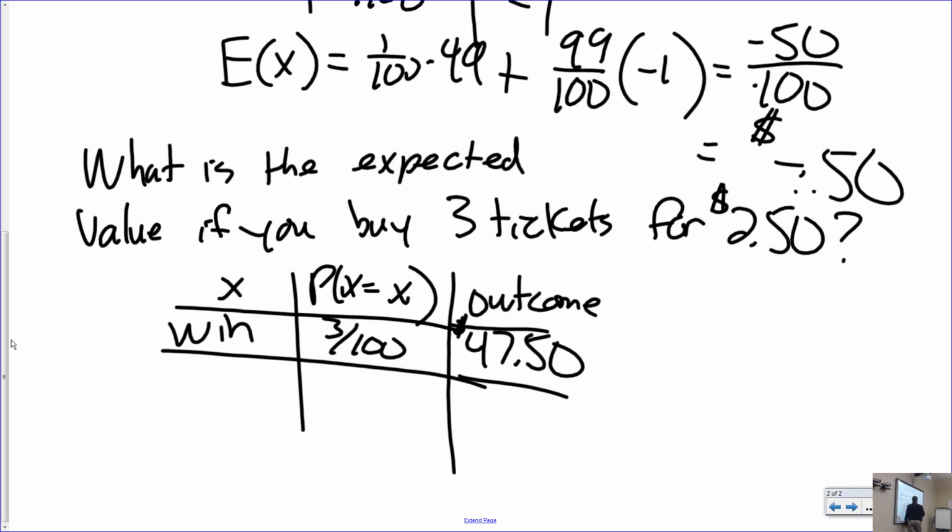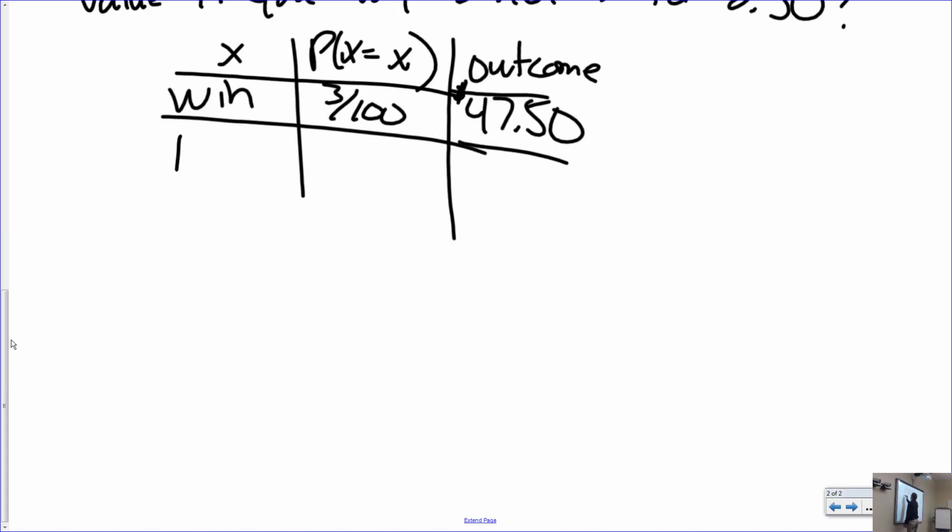Because this time you had to spend $2.50 to win the $50, so you only win $47.50. What about the lose option? 97 out of 100. They always have to add up to 1. And there you lose the $2.50.